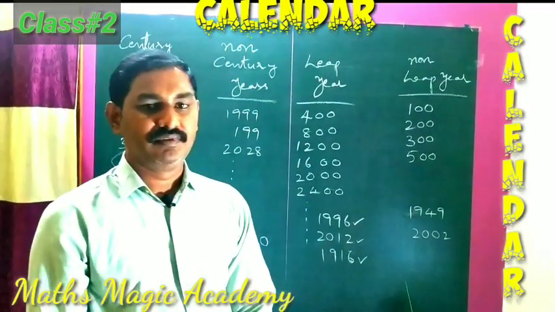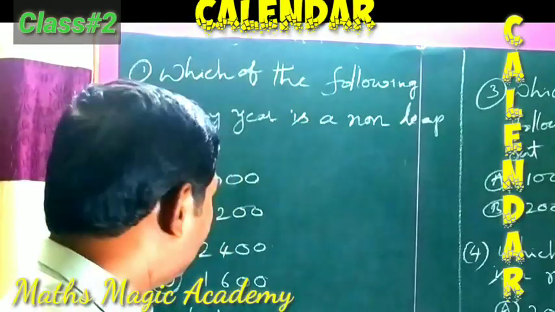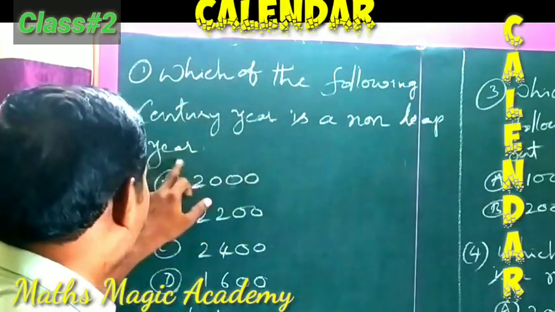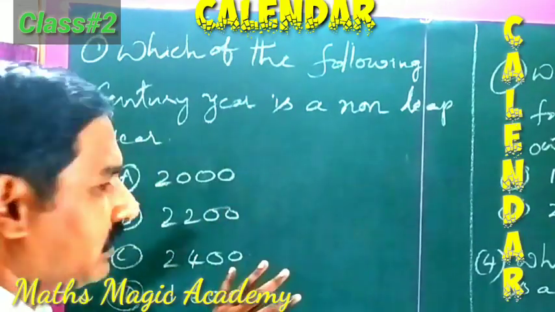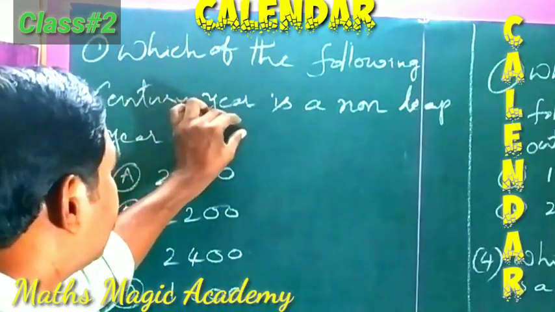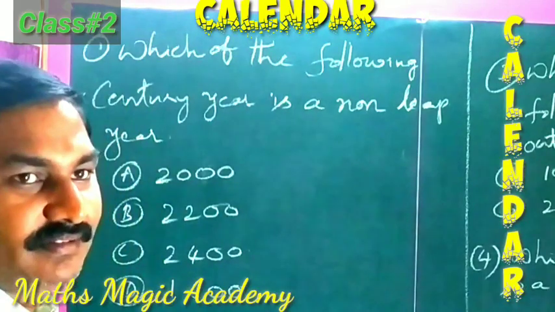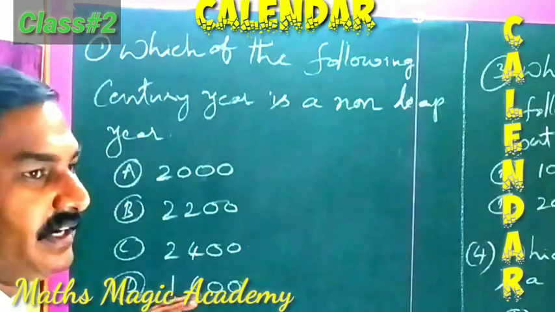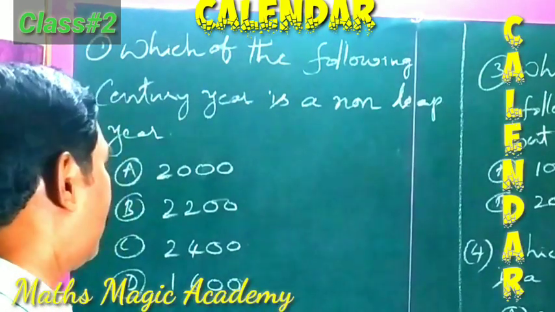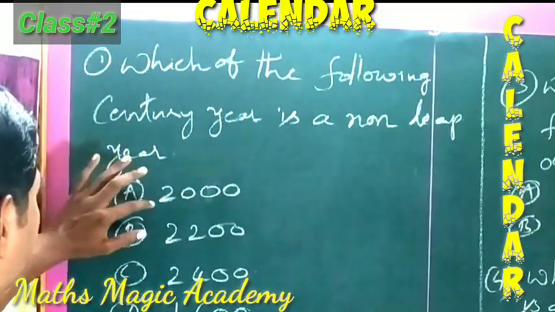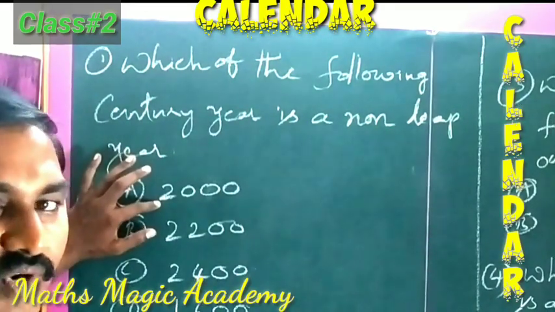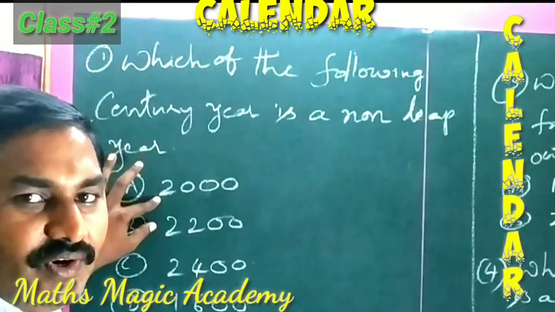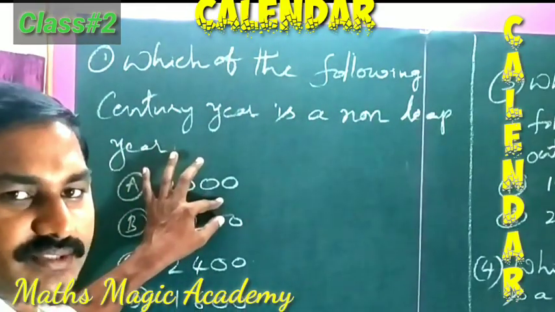Based on this we will discuss some problems now. Let us see the first question. Which of the following century years is a non-leap year? Just now I told that a century year is a non-leap year if it is not a multiple of 400. See here, 2000 is a multiple of 400: 400 into 5 gives 2000.